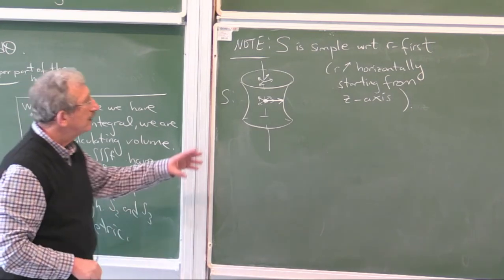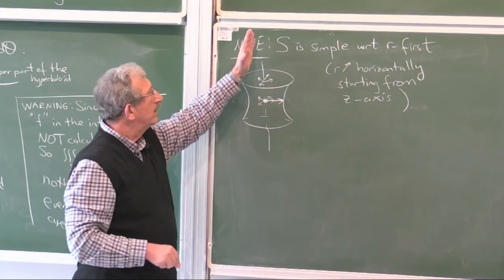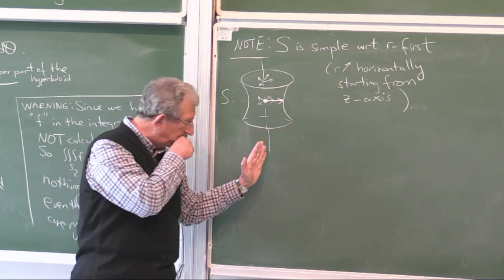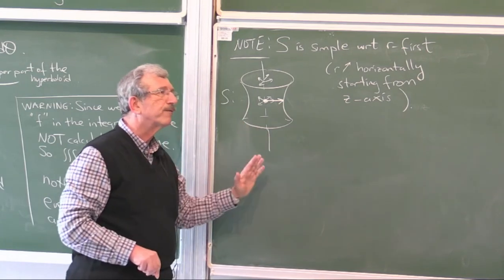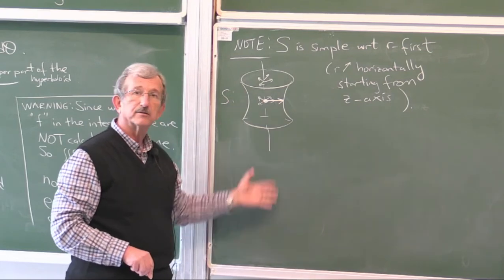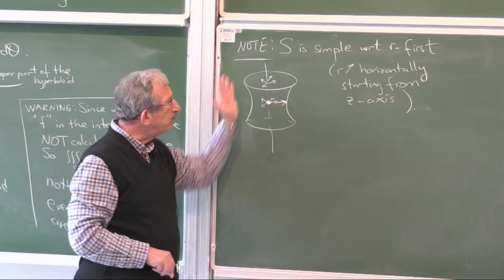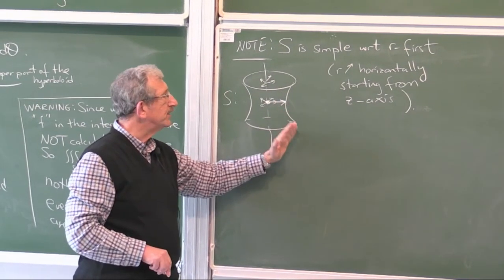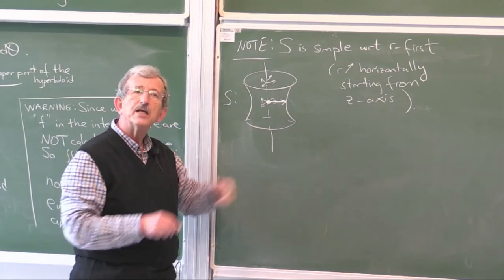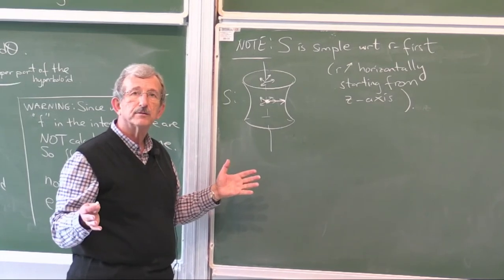So R changes from the surface R equal to 0, which is a cylinder with radius 0, so it's the Z-axis, up to the second surface, which is the hyperboloid. So it changes between two nice surfaces.